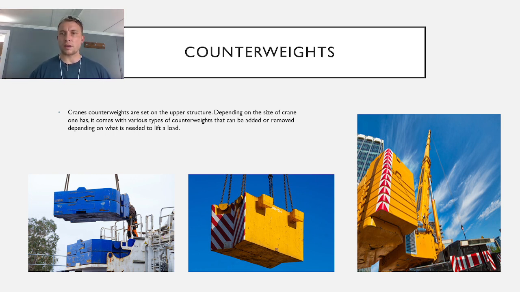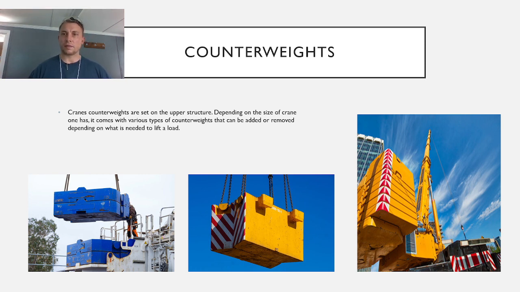If you work with a Liebherr crane, they come with 25,000 pound counterweights that you can add to each side, and you want to add them evenly. And there are setup books for that. There are assembly/disassembly directors that get involved to make sure that you're setting up a crane correctly.